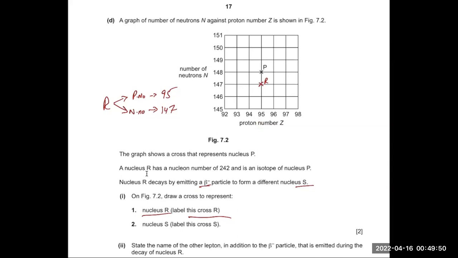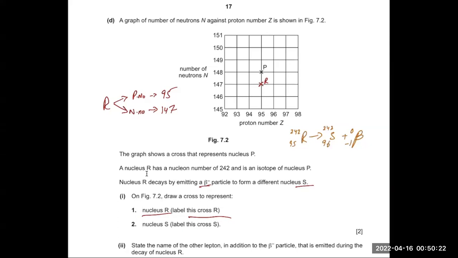Now, some of you may be able to do this directly, but it's always safe to write down the equation, given that you have the time. R is 242 and 95. It decays into S and a beta minus particle, which means this becomes 242 and this is 96.